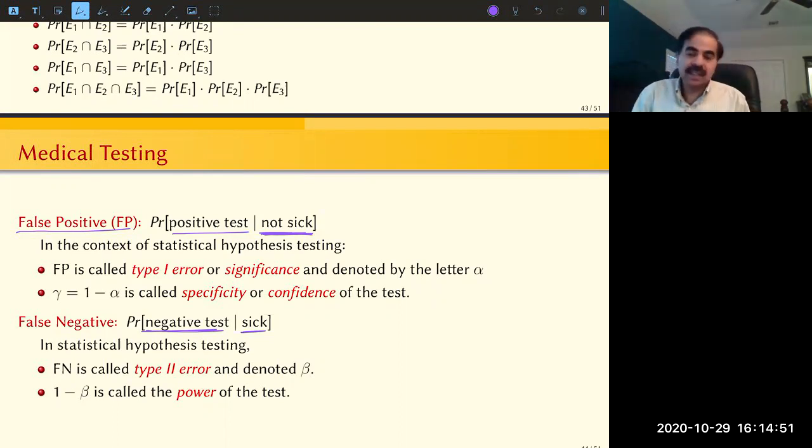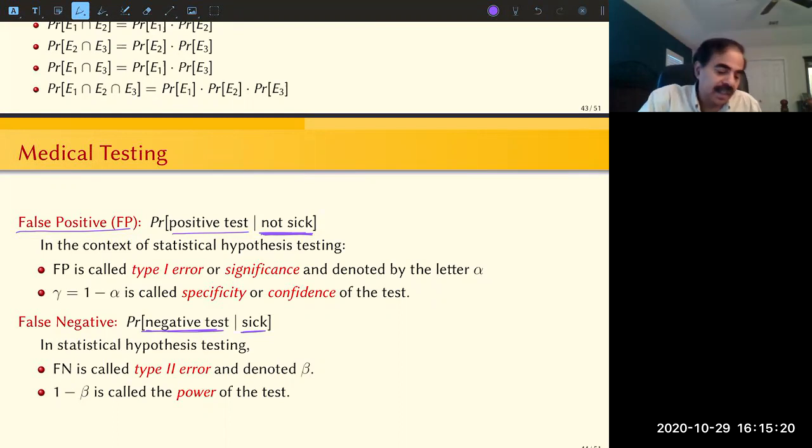But that has a higher false negative rate, and I'm sure you followed the news about Trump getting COVID, and how that was traced back to the fact that these rapid tests have higher false negatives, and therefore he was exposed to people who are sick. But anyway, that's beside the point.